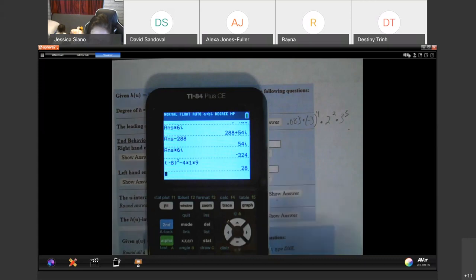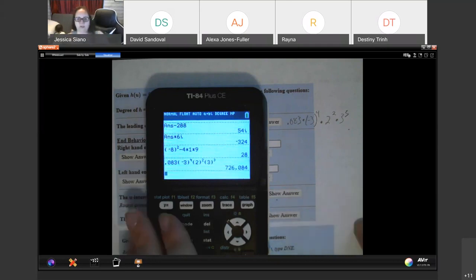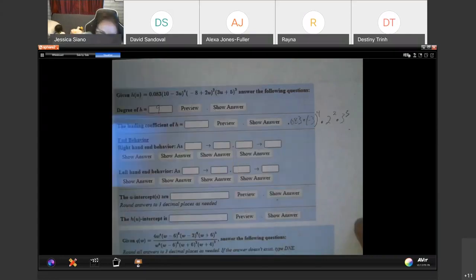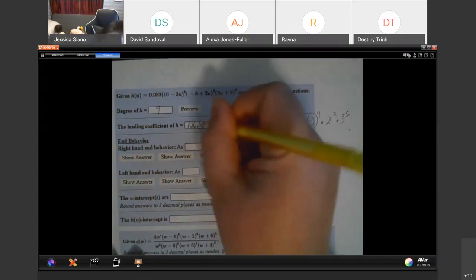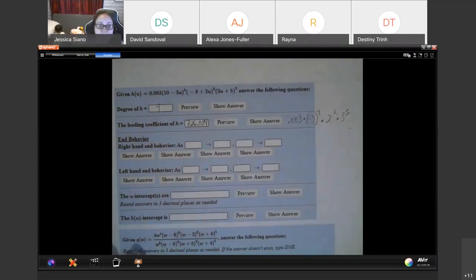Oh, I missed my decimal point. 0.083, -3 to the fourth, 2 to the second, 3 to the third. So that's my leading coefficient, 726.84. Okay, so that was positive.